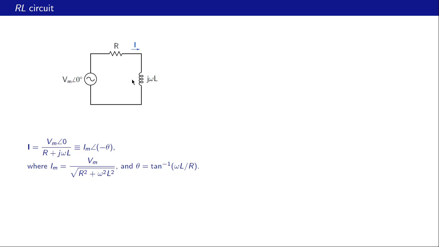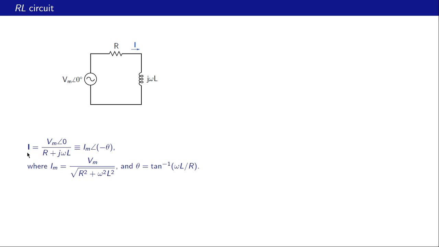So we can use exactly the same equation, except instead of Vs we have a phasor source now, that is Vm angle 0, and instead of R1 and R2 we have R and j omega L, the impedances of the resistor and the inductor. So we can write I as Vm angle 0 divided by R plus j omega L, as simple as that.